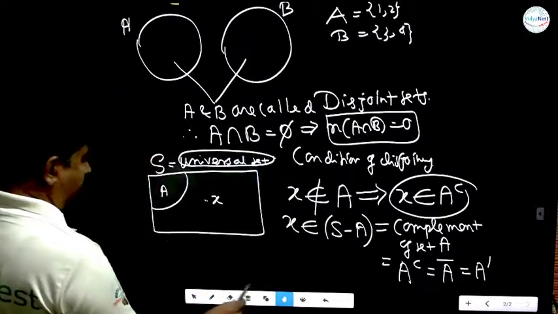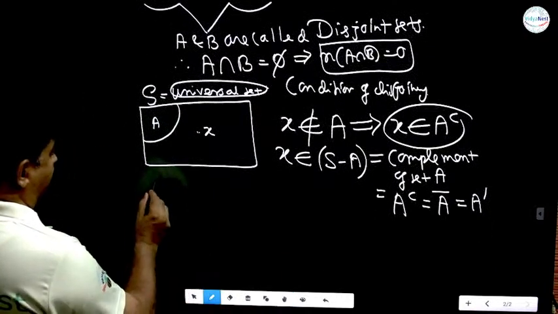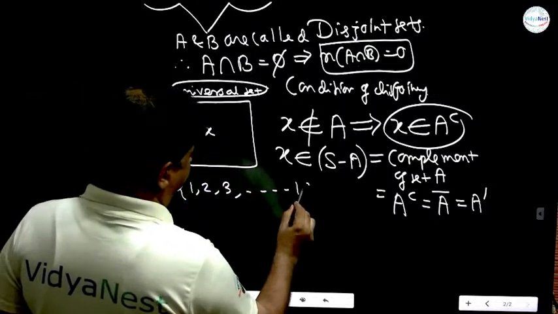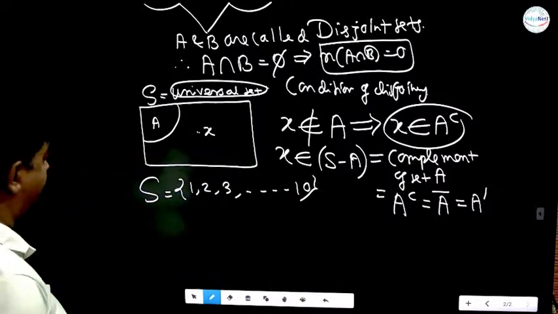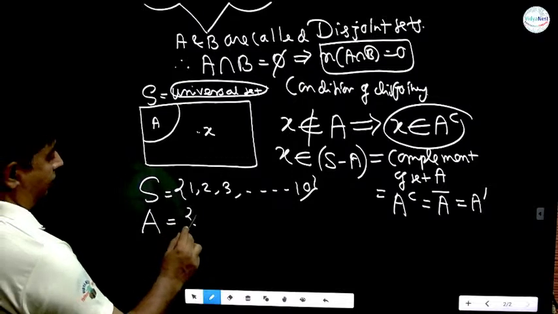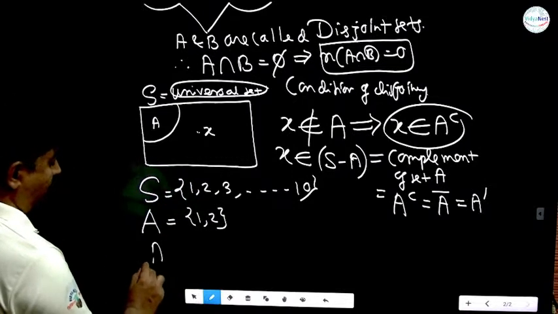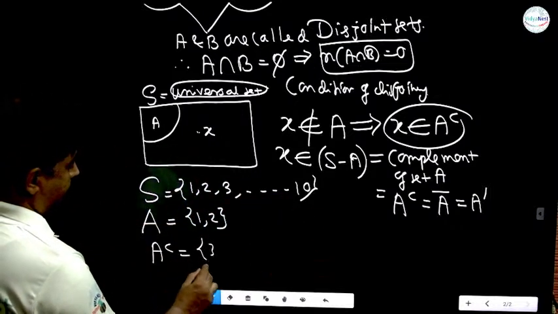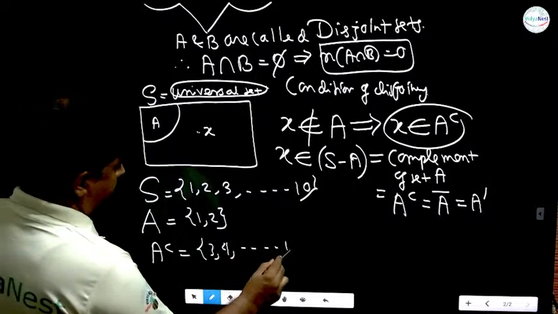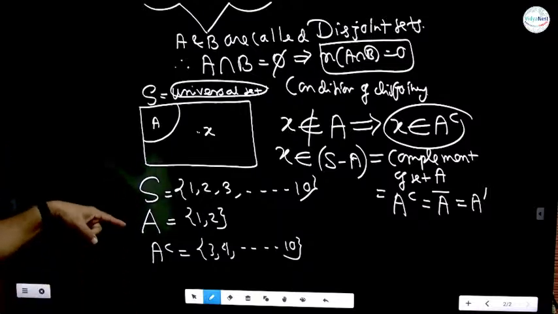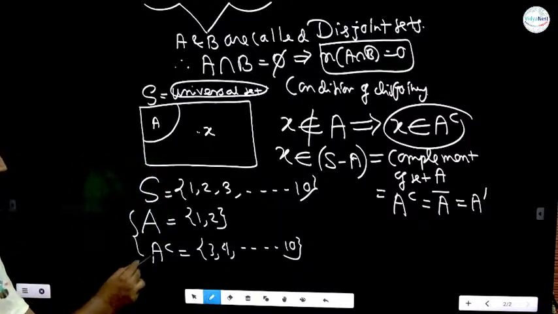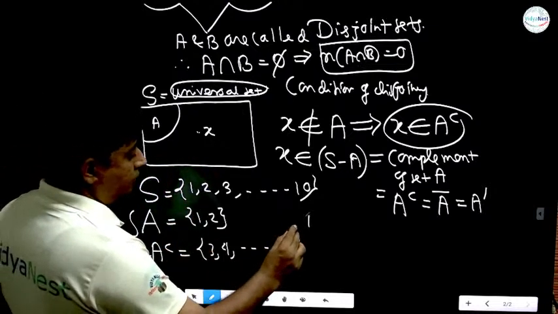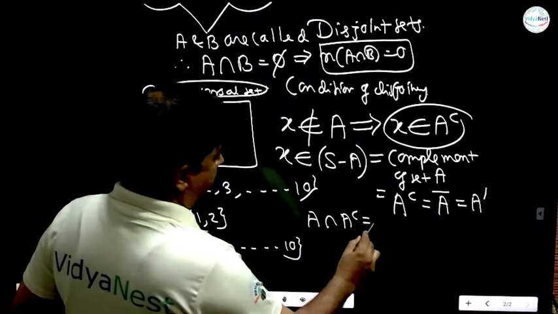So, suppose there is a set S that contains 10 elements, 10 natural numbers, and set A contains the first 2 natural numbers. What is A complement? The remaining part. Now, this A and A complement which you have got, you watch and tell me, do they have any common element? No. So, A intersection A complement is the null set.